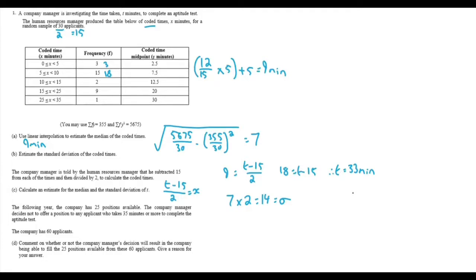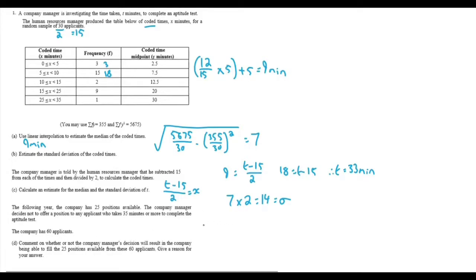If this median holds true across the different years, if it truly is an average for any applicant, then what we'll say is that, again, 50% will complete it in under 33 minutes. That is less than the 35. Therefore, 50% of all the applicants at least should be applicable for consideration. 50% of the 60 is 30.